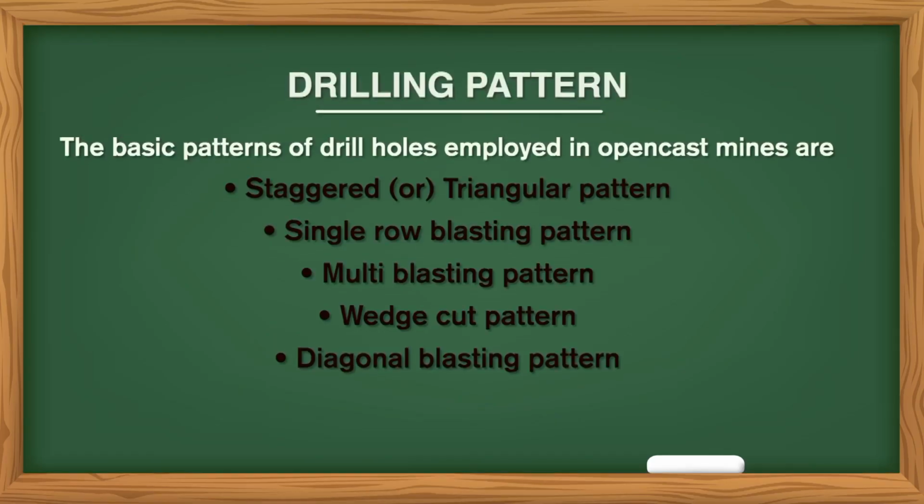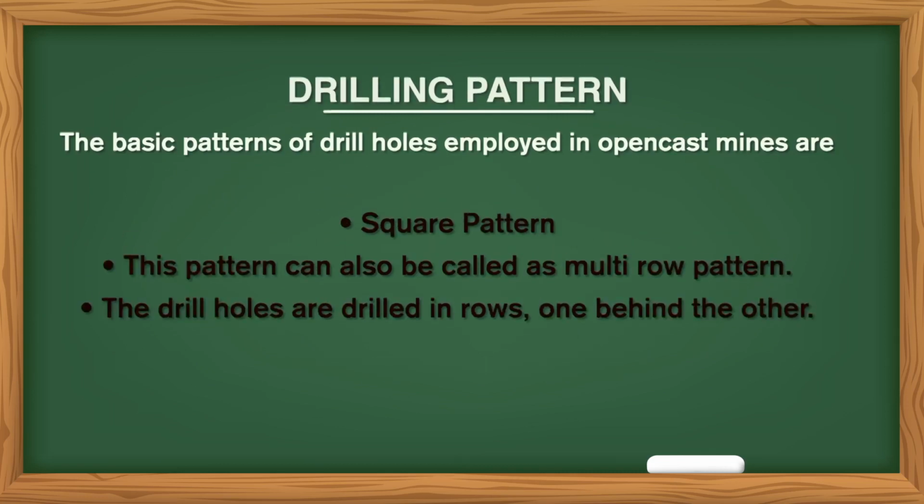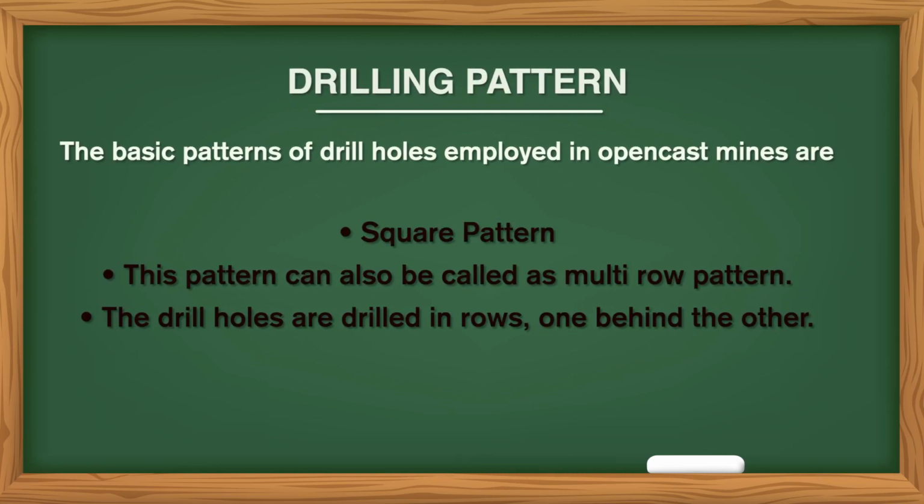Next, drilling pattern. The basic patterns of drill holes employed in open cast mines are square pattern, staggered or triangular pattern, single row blasting pattern, multi row blasting pattern, wedge cut pattern, and diagonal blasting pattern. First, square pattern.